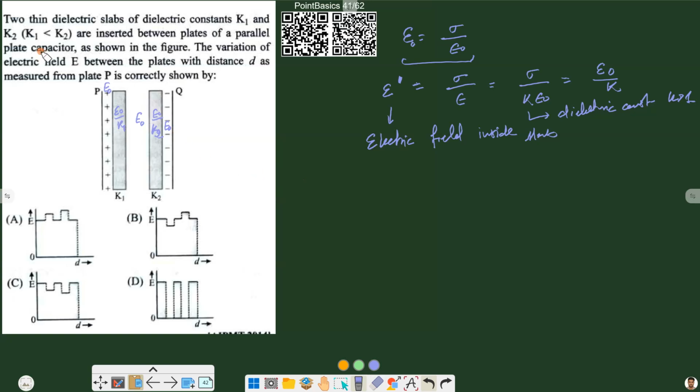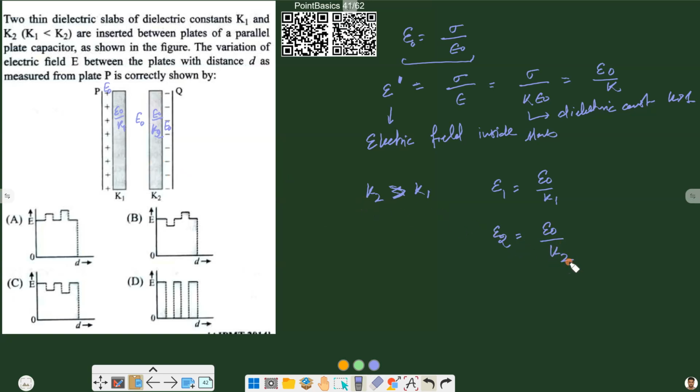Now also mention that K2 is greater than K1, and we can say E1, the electric field inside the first slab, is E naught by K1, and E2, the electric field inside the second slab, will be E naught by K2.